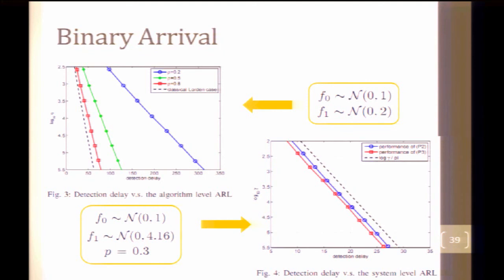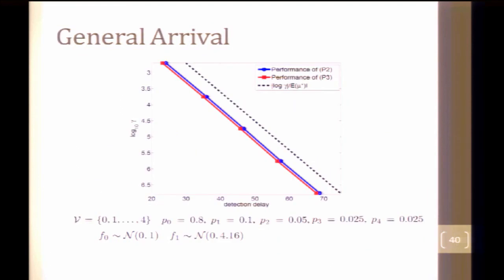If p is equal to 0.8, then the delay is quite close to the case in which you can take samples all the time. But because the energy comes very slowly, if it's only 0.2, then it's quite far from the case in which you can take samples all the time. And all the other figures show similar results.